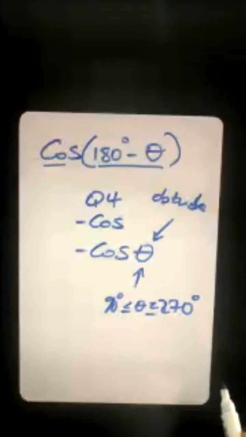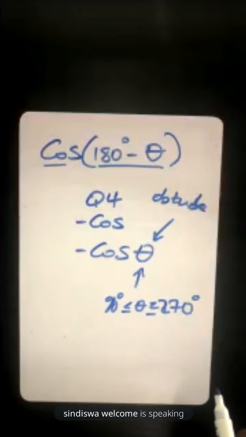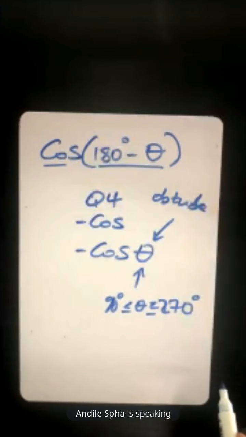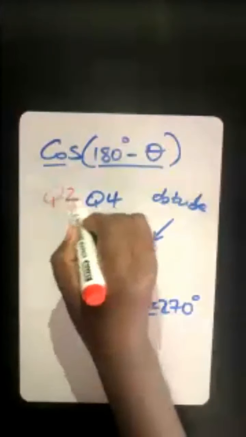Correct or wrong? It's not quadrant 4, it's quadrant 2, sir. In quadrant 4, cos is positive. Cos is negative in the second quadrant. So you guys are saying it's quadrant 2.